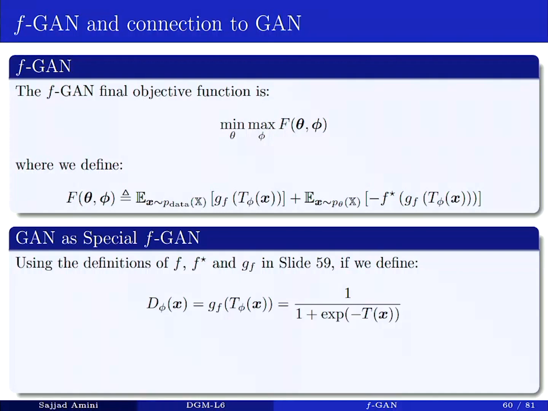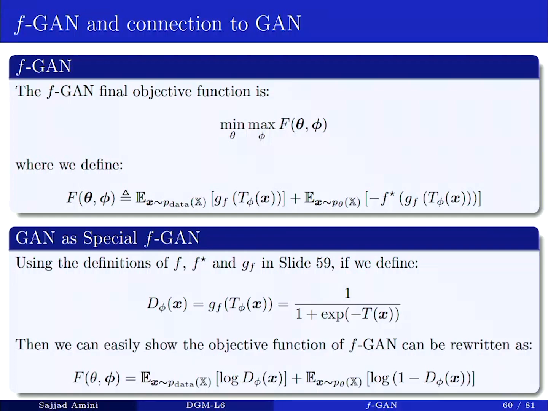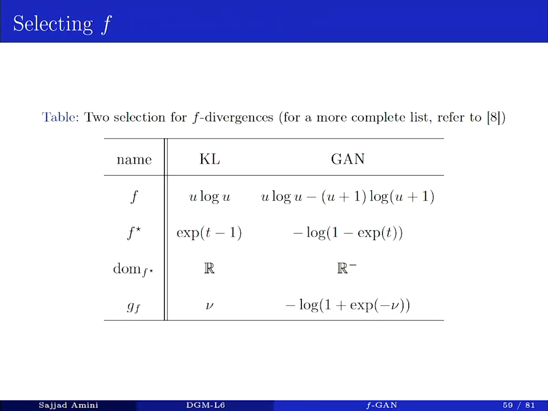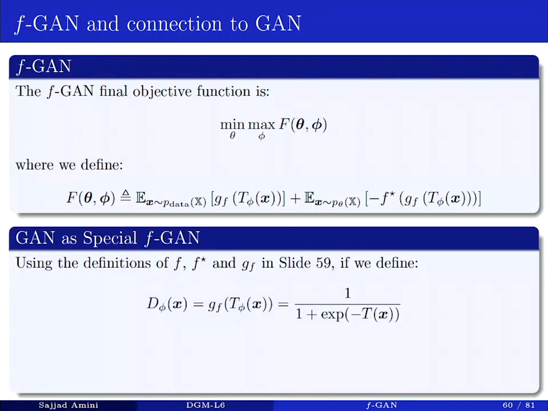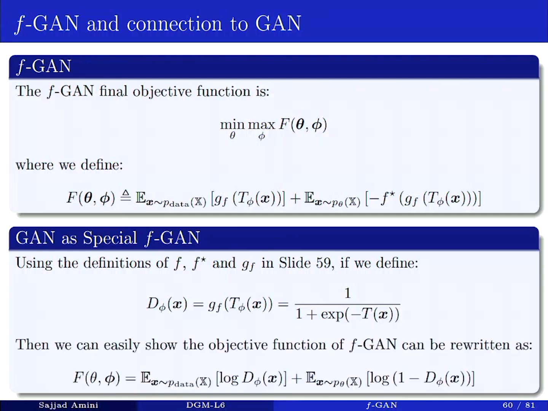So let's focus on the special case of f-GAN, which is the original GAN. What happened here? For the case of the original GAN, it is just needed to replace this f and f star inside this formulation. And then you will reach the definition that in GAN, d phi of x is g f of t phi of x, which is equivalent to this matching one.